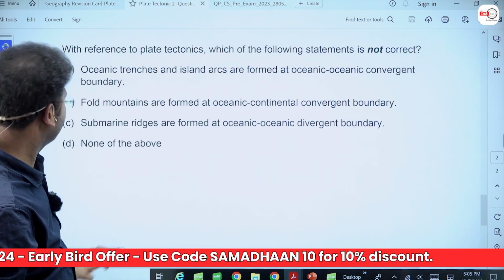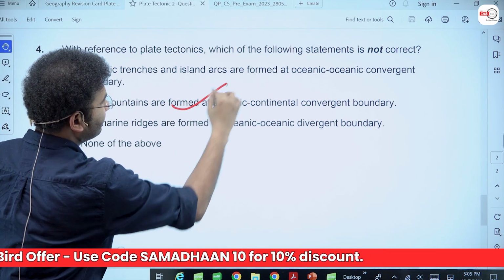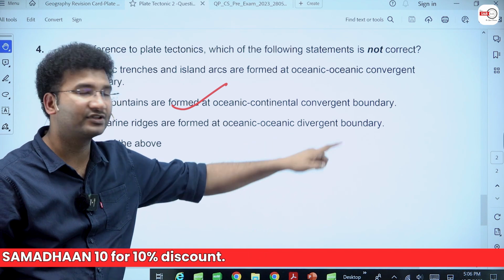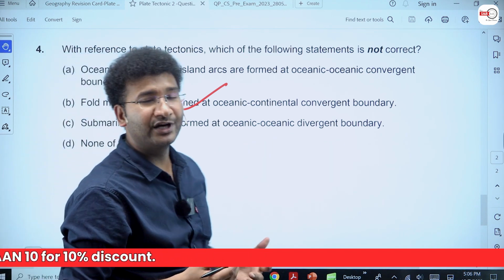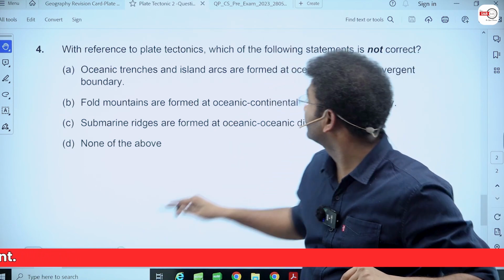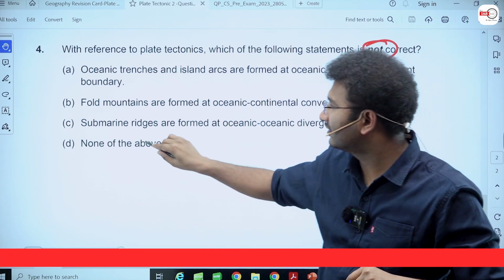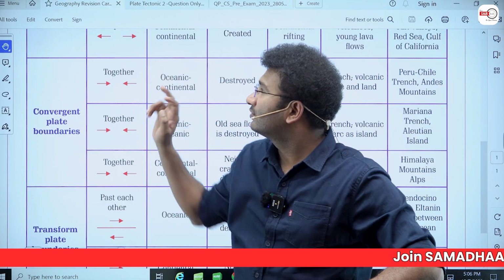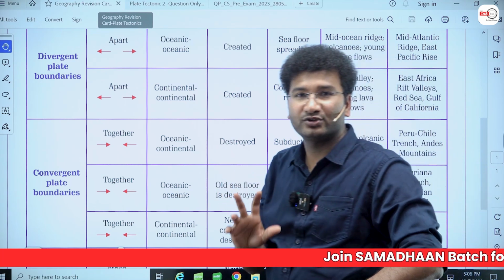So even this statement is also right. Submarine ridges are formed at the oceanic divergence. Yes, I've told you where middle oceanic ridges are formed. That is also given. So what is the answer? The question asks about not correct. The answer is D.